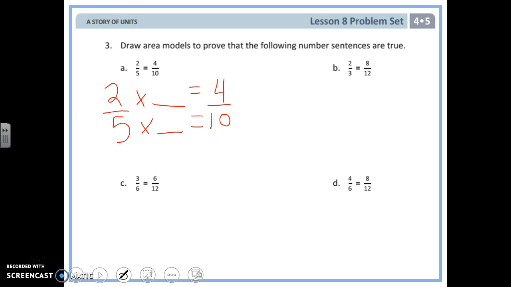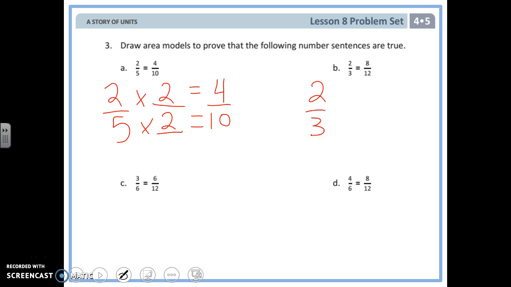And if we can multiply to solve it, then we can get our answer faster and we can move on. And if multiplication is something we already know how to do, then do the easier route. So 2 times what gets me 4? We have 2. And if I forget that 5 times 2 equals 10, we shouldn't, but if I forget, well, I already know that I have to put a 2 here because I multiplied by 2 in my numerator, so I must multiply by 2 in my denominator.